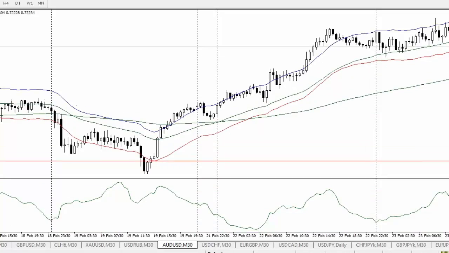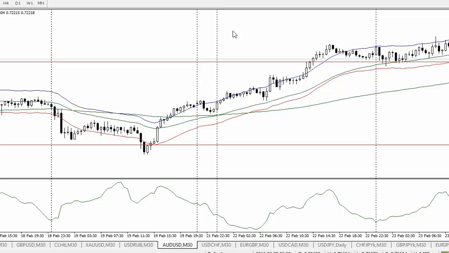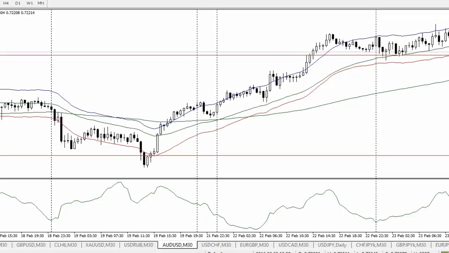So it is close to a possible entry point. And the current ATR is 13 pips. I have to multiply it by 2 and get 26 pips of stop loss. My entry point is 0.7217. So I use, sorry, it's not 30 pips, it's 26 pips.